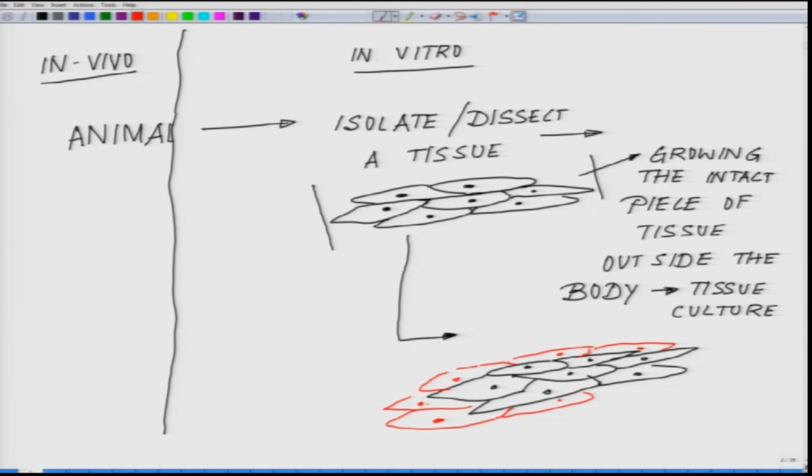Or what I do, I dissect this tissue and I follow another route where I dissociate the tissue into single cell suspension.